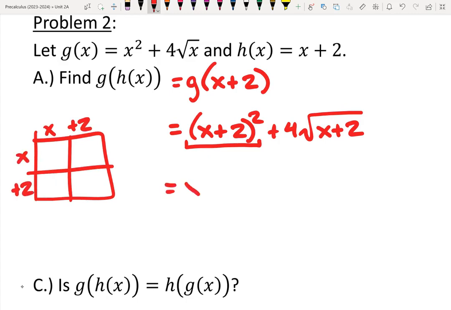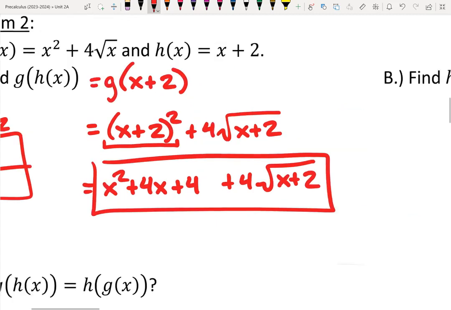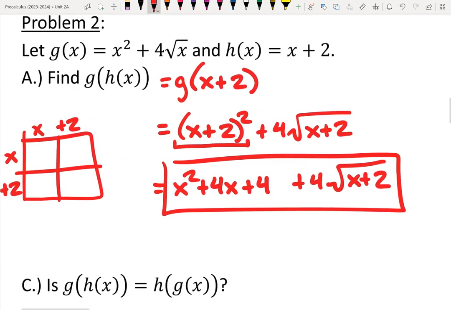So that is equal to x squared plus 4x plus 4 plus 4 square root of x plus 2. And that's actually as far as we can take it. There's nothing else that we can do to simplify. Please do not add those 4's together. Does not equal 8 square root of x plus 2. That 4 is attached to the square root. It cannot combine with anything else. So everybody have that? We're good?